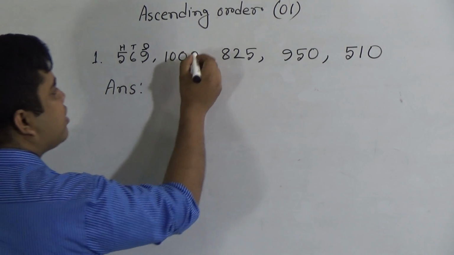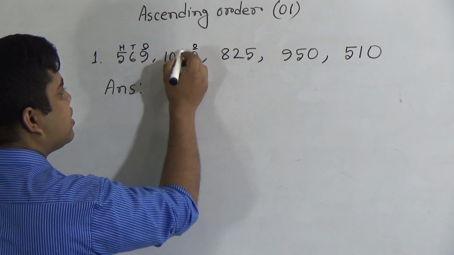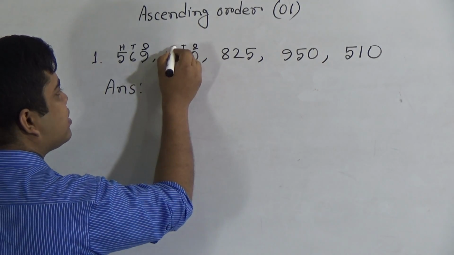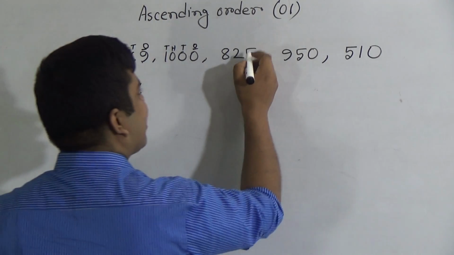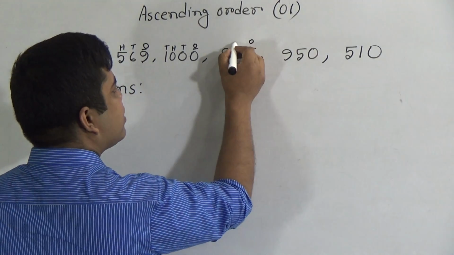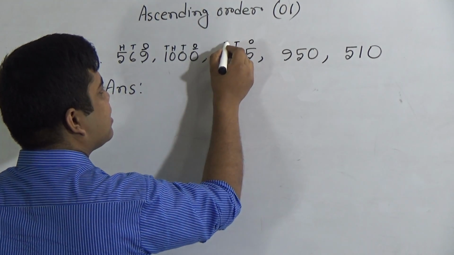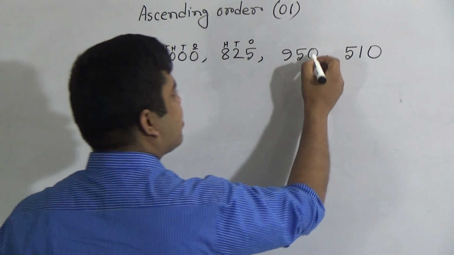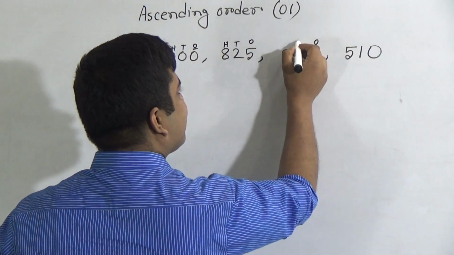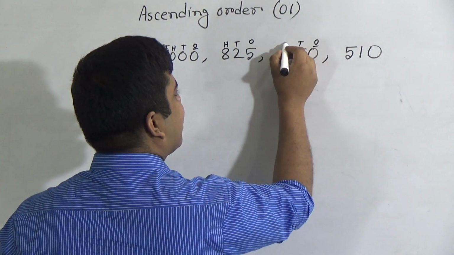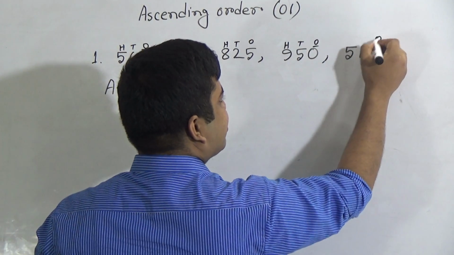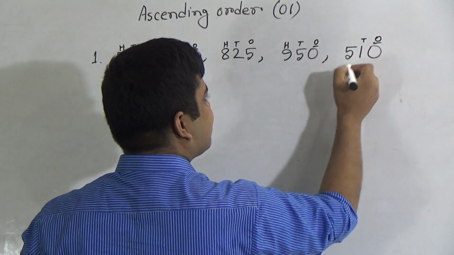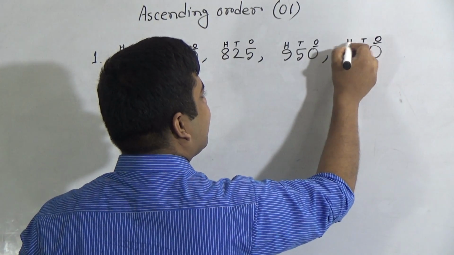Okay, 0 is in ones place, 0 is in tens place, 0 is in hundred place and 1 is in thousand place. Again 5 is in ones place, 2 is in tens place, 8 is in hundred place. Again 0 is in ones place, 5 is in tens place, 9 is in hundred place. Again 0 is in ones place, 1 is in tens place and 5 is in hundred place.